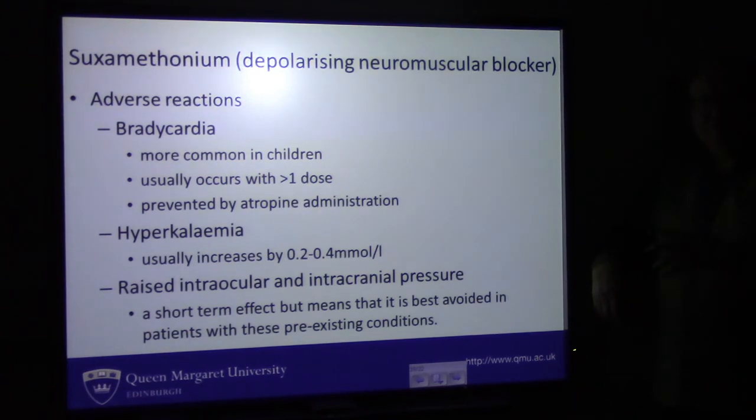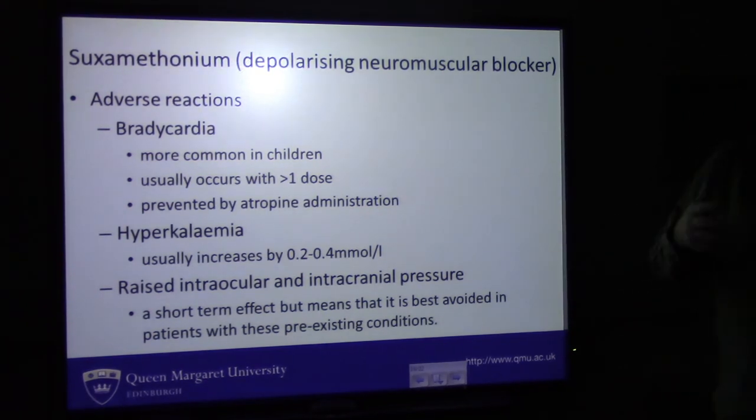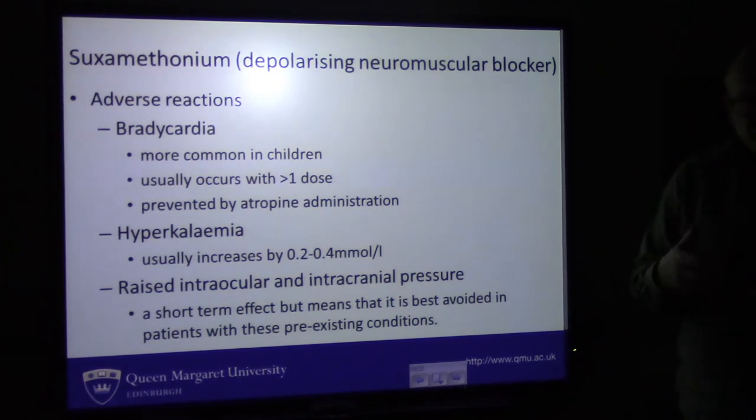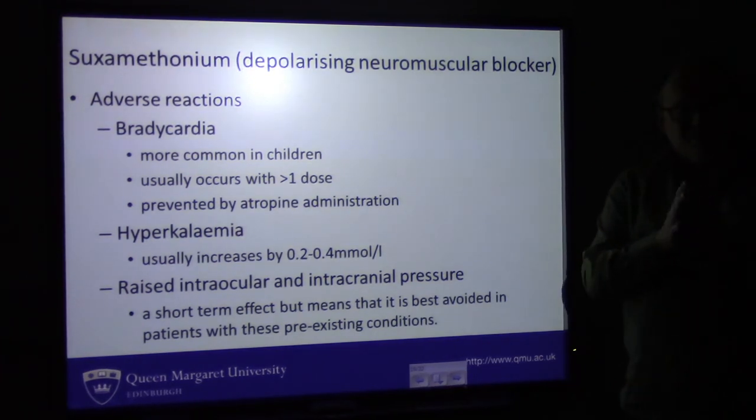They do, however, have a number of adverse effects, and these adverse effects are related in part to the action at certain doses on the other muscarinic and nicotinic receptors. So they can cause, well, what does acetylcholine do?